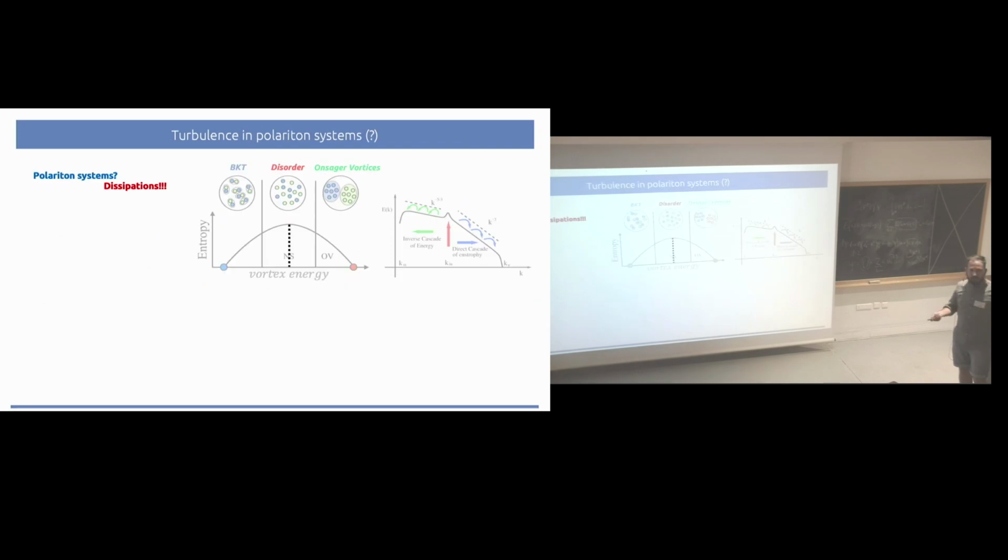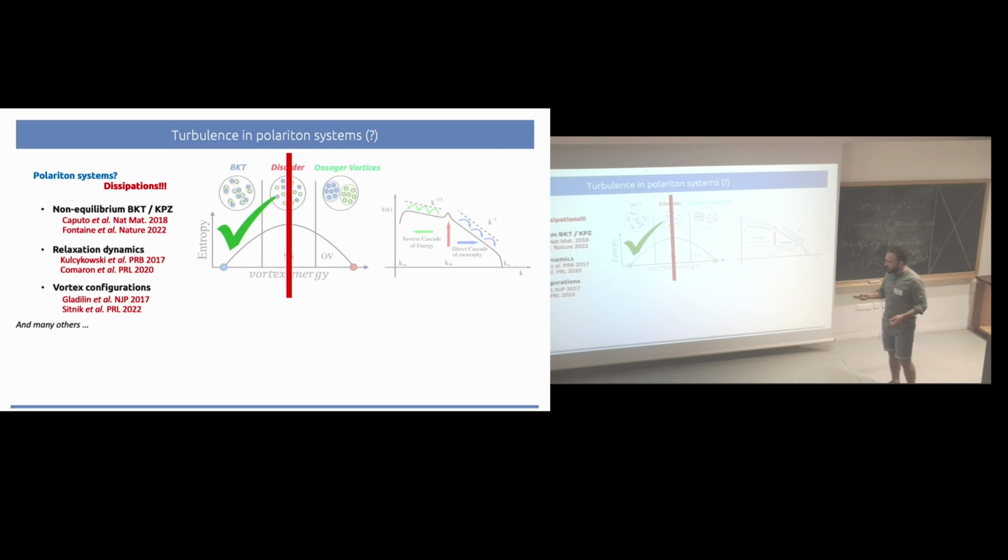But how can we discuss this picture in exciton polaritons? Of course, we have dissipation that destroys this picture completely. As I said before, in the last 10 years the community pushed to solve the left part of this phase diagram, to try to understand the new physics of the non-equilibrium phase transition.